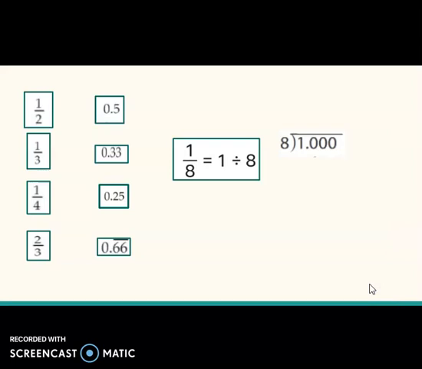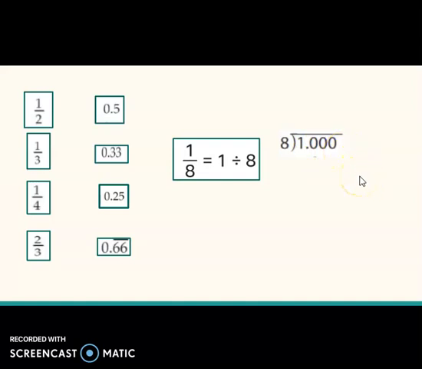When you write it as a division problem, after 1, as you can see, I have added a decimal point, and after adding a decimal point, add zeros to the right of the decimal point as needed. Here we will yield the answer up to 3 decimal places. So I have added only 3 zeros here.